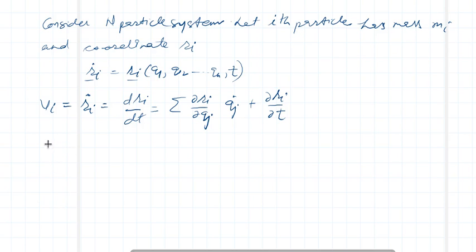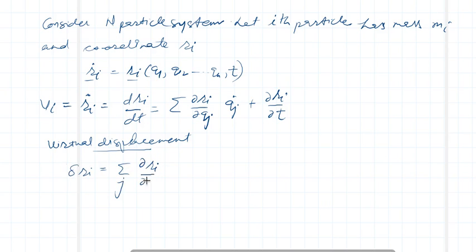So virtual displacement, as we have defined in the earlier lecture, means delta ri must be equal to summation over j of curly ri over curly qj into delta qj. Let me call this equation number 1. This is equation number 2.